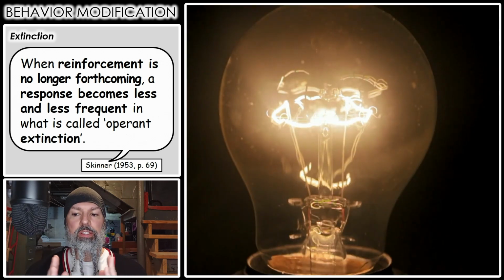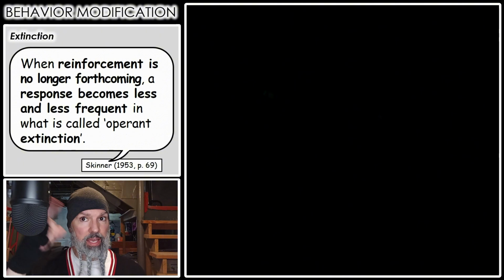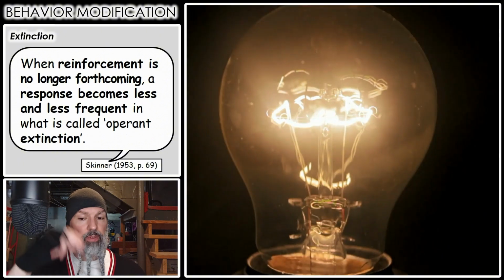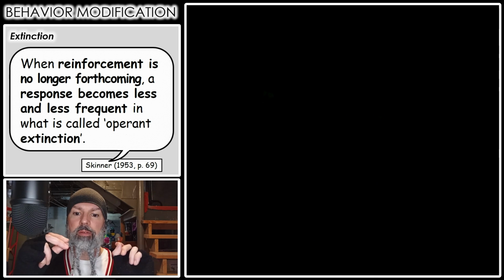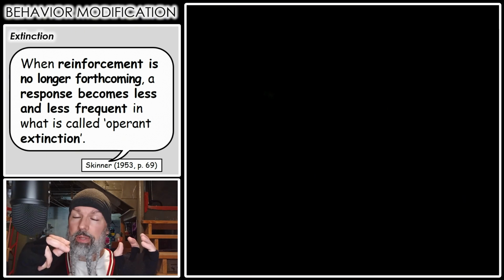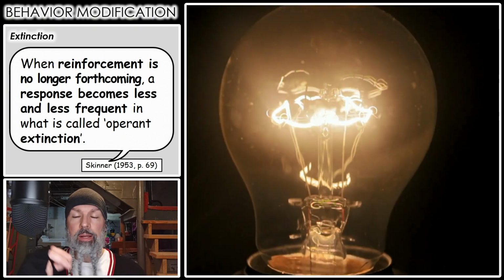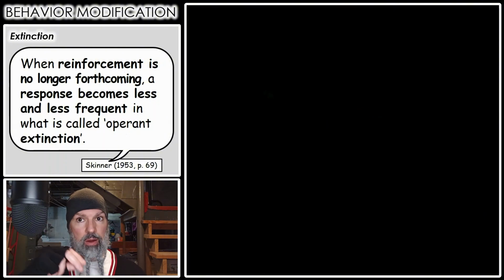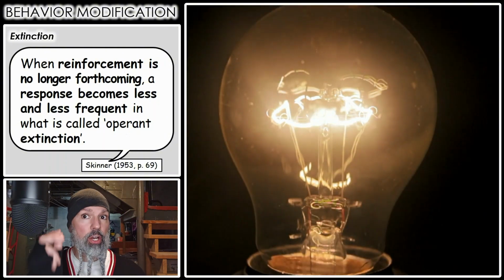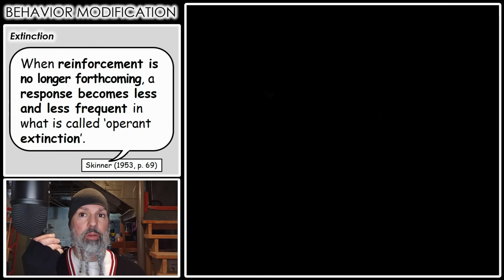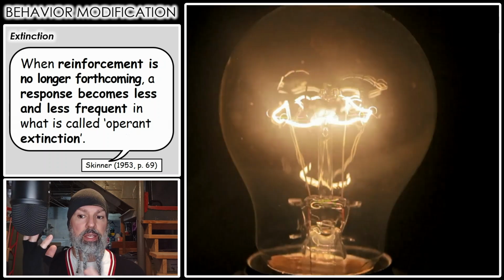If you still allow the light flicking behavior to occur, but you remove the reinforcement by, for example, unscrewing the light bulb a little bit so that the connection is no longer there, now the light switch can go up and down, but nothing happens to the light. In that case, the behavior can still occur, but is no longer being reinforced by that on and off of the light bulb.